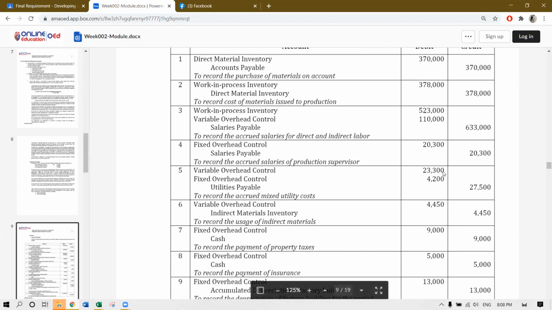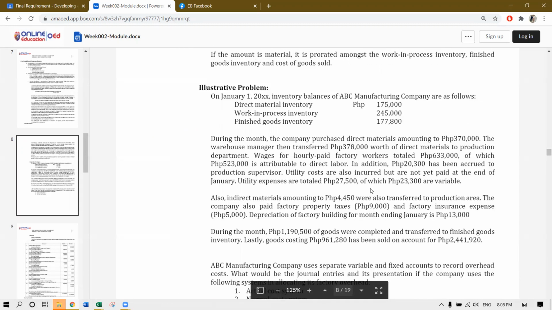23,300 accrued mixed utility costs. Kitaon ta kon anon iya fixed portion. Ano ba niya kan? Utility expense totaled 27,500, 23,300 are variable.